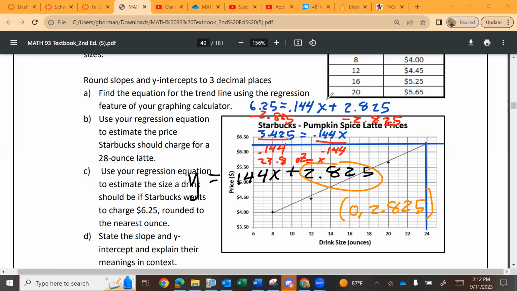Now, what about the slope? The slope is the number that is multiplied by x. We've already learned in this course that slope is found by doing the difference of the y values divided by the difference of the x values.